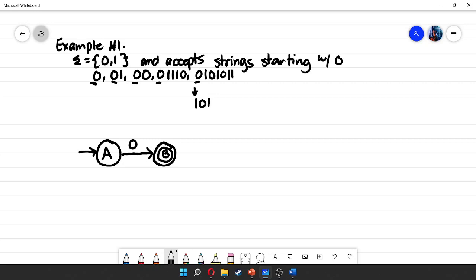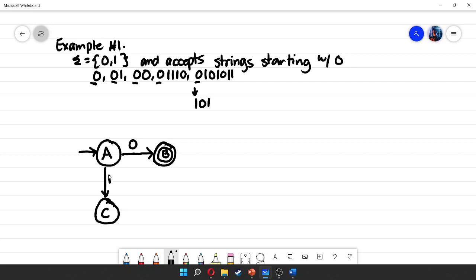Reject, sir. So that means we do not plan to put it in state B. We do not want to end up in state B. So let's create another state, let's call it C, and this is where we send our input.